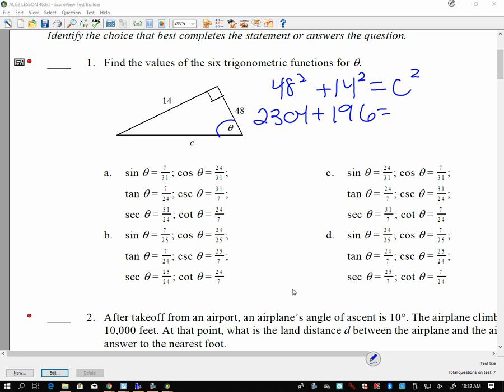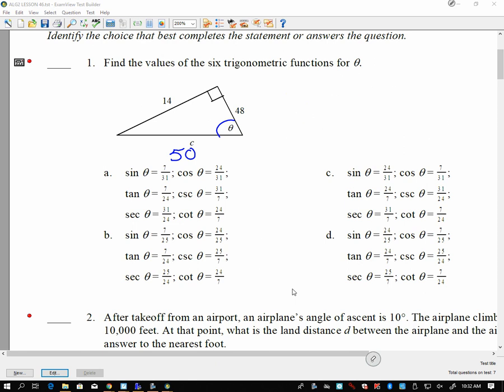We want to add those things up. What's that? 2,500. Okay, and we want to square root that. What do we get, like 50? 50. All right, so this is 50. Okay, we've got that now.